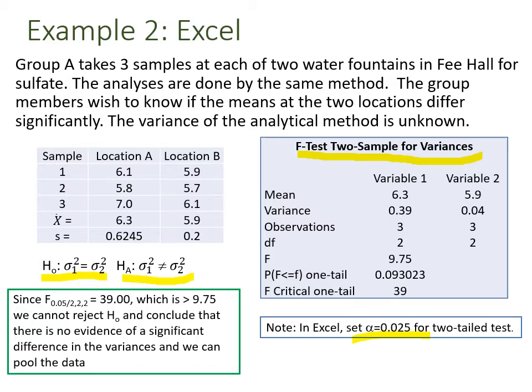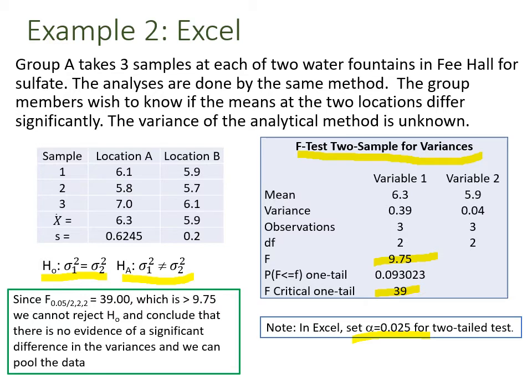Once you run the F-test, what you will obtain are both the experimental F-value, same as what we obtained before at 9.75, and the critical value. It'll say one-tail test. It is the way it calculates it, it is for a one-tail, but because we set the alpha equal to 0.025, the result that we obtain is really equivalent to that for a two-tail test.